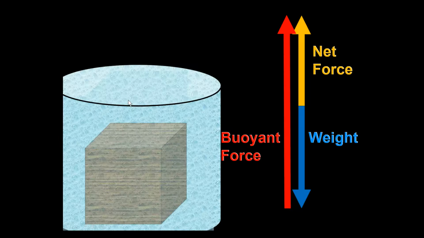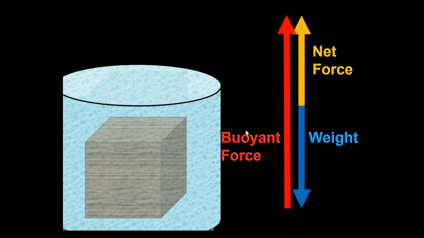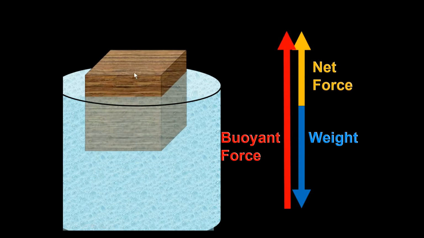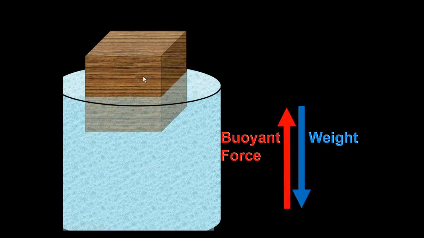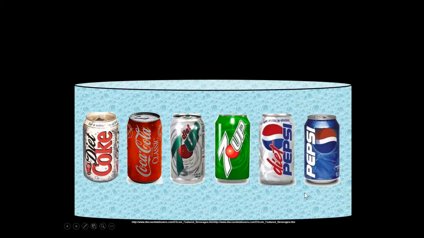I said balsa earlier. So if you have this submerged in fluid, there's this really big buoyant force up, the gravity's pulling down about half as much, and there is a net force in the up direction, which means it will accelerate in the up direction. When it busts through the water here and doesn't displace as much water, it will shoot up until the net force is 0, where the buoyant force equals the weight of the object.